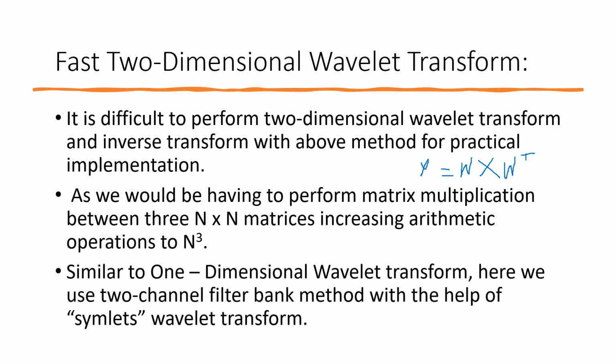So we are going to have an order of n cube arithmetic operations, which is not desirable. So similar to the one-dimensional wavelet transform where we have the two channel filter bank method, we are using the same method here using symlets. Symlets are nothing but symmetrical wavelets.